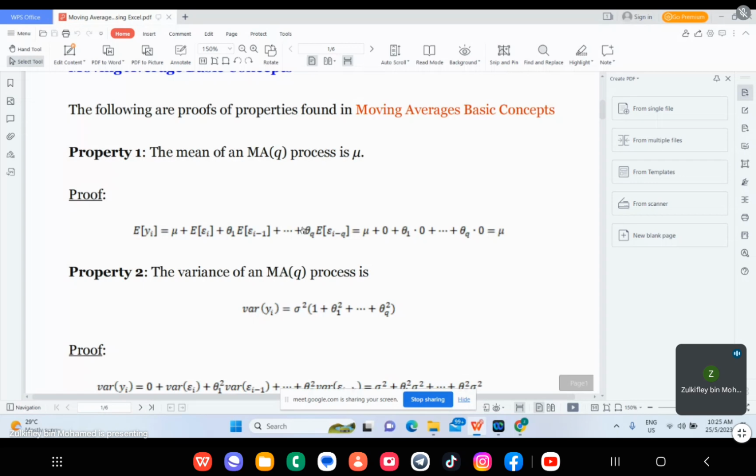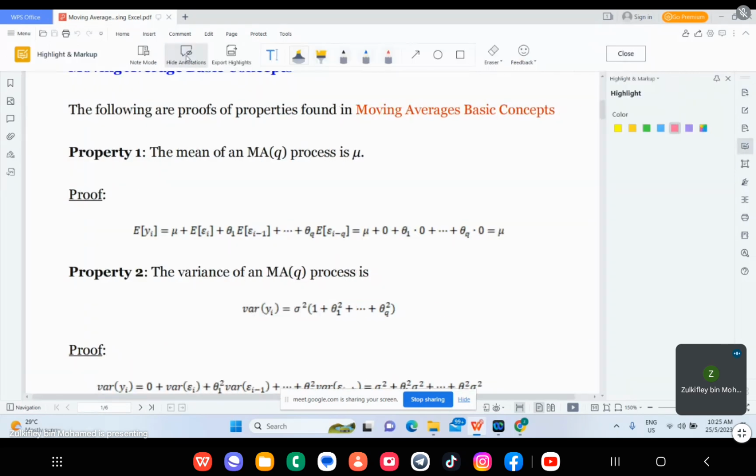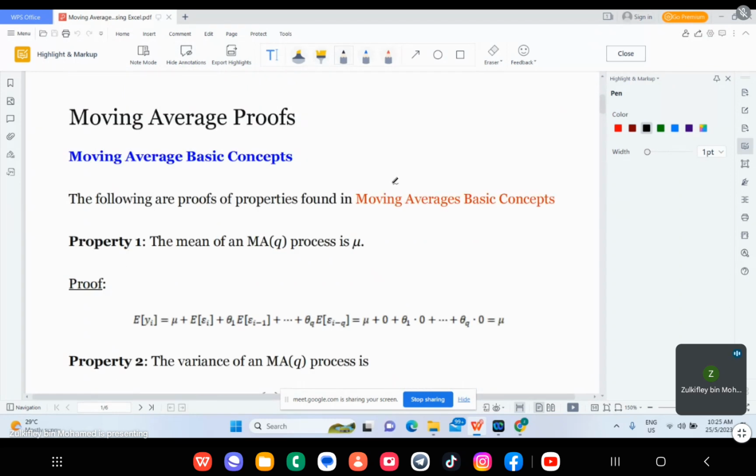So for the concept of regression, kalau kita ada Y and X, kita gunakan Y and X. Tapi kalau dalam MA1, kita gunakan Y dengan epsilon T minus 1. This is your dependent, and here is your independent. Dependent variable.